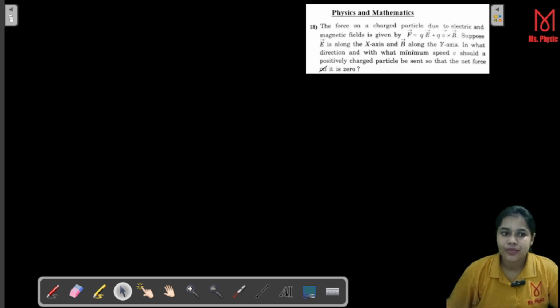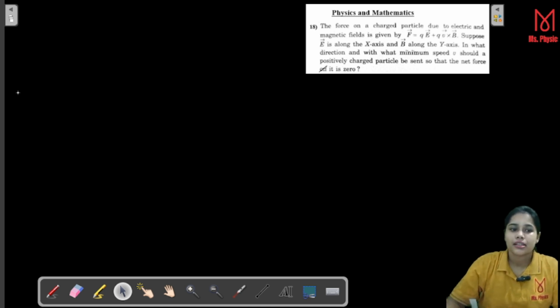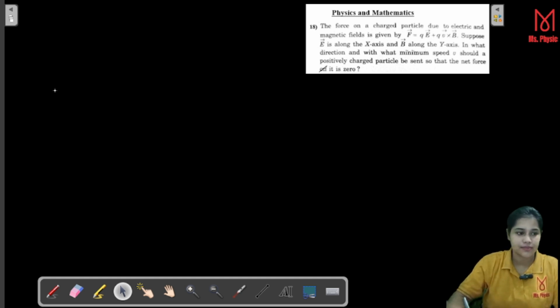Now the next numerical is the 18th numerical. You see, the force on a charged particle due to electric and magnetic field is given by F equals to QE plus V cross B. ये लॉरेंस फोर्स है.